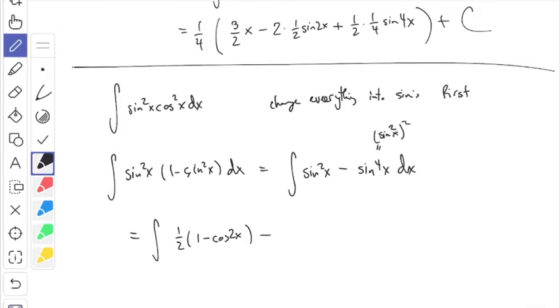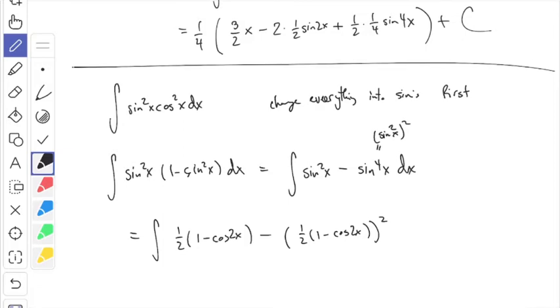So this is going to become minus 1/2 times 1 minus cosine 2x, squared. That's sine squared squared again. And this, we do the FOIL and then recombine everything, and it should work out like the previous example.